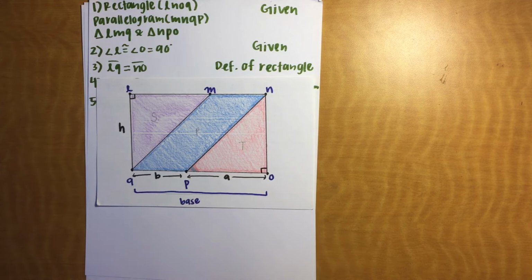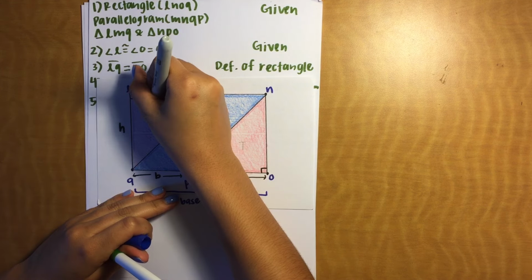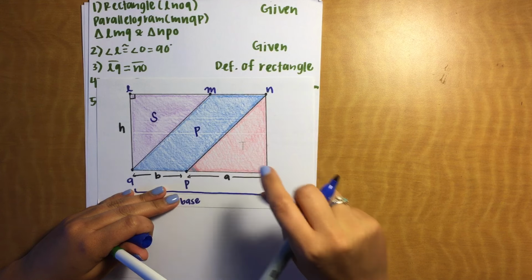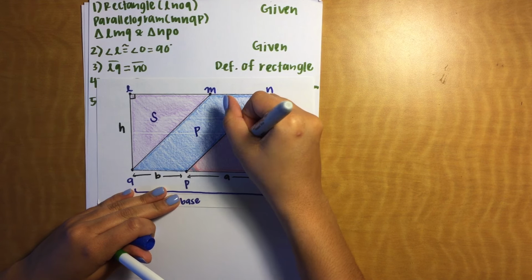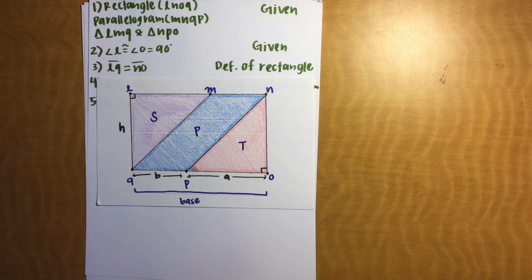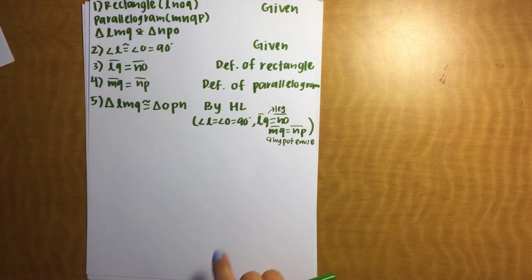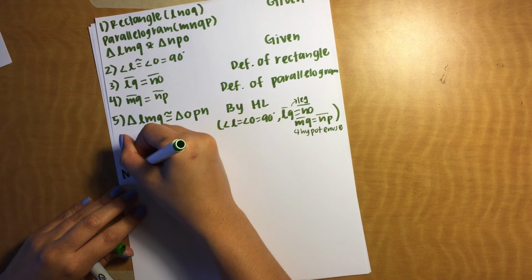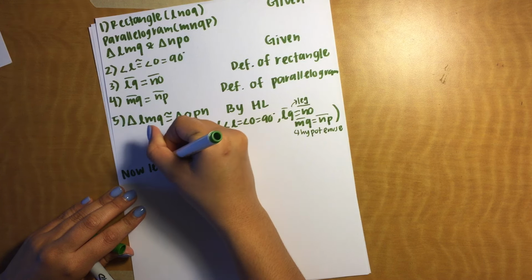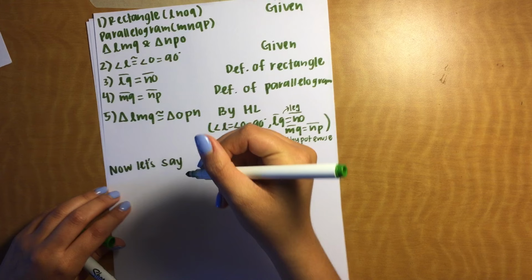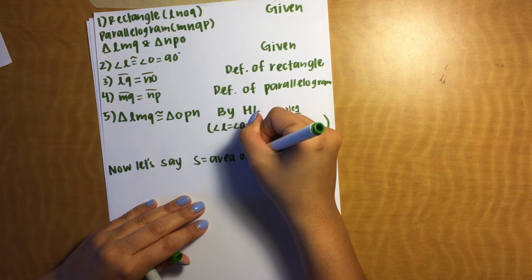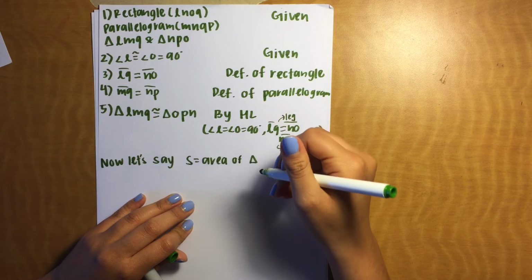Let's label these areas. The area of this triangle is going to be area S. The area of this parallelogram is going to be area P. And the area of this triangle is going to be area T. So S, P, and T. Let's write that down. Now, S is the area of triangle LMQ.